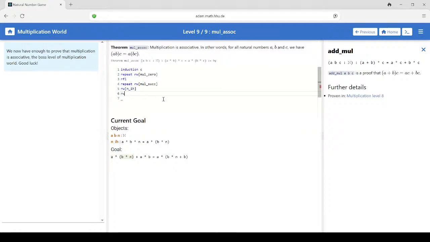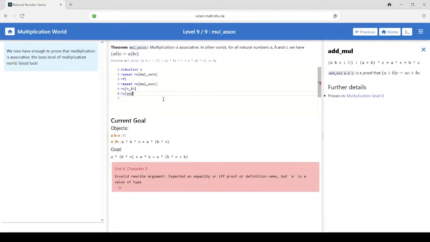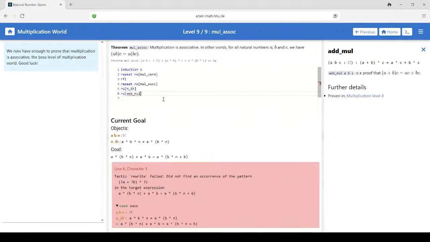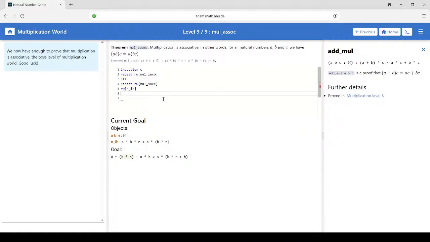Can I use it here? No. We changed the successor of n into n plus a and n plus b.